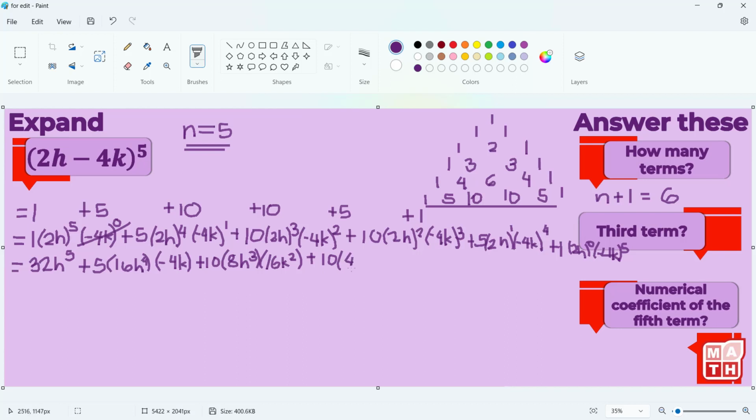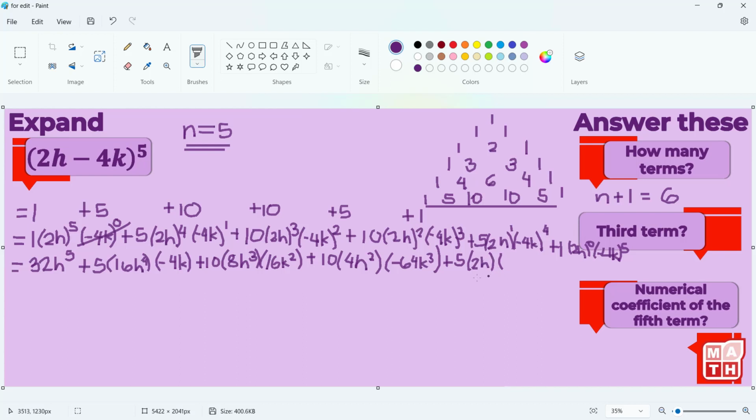You have 4h squared times, here comes the cube of negative 4. That's negative 64 k cubed, right? Plus 5, so we still have 2h, and negative 4 raised to the power of 4 is positive, but it would be 16 times 16.